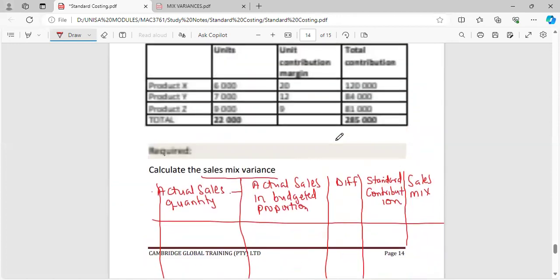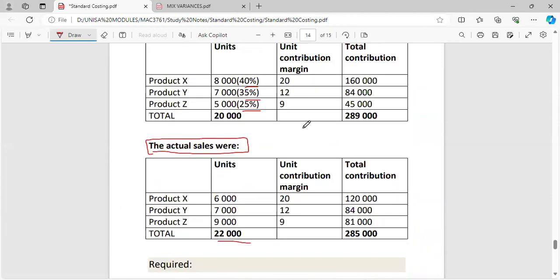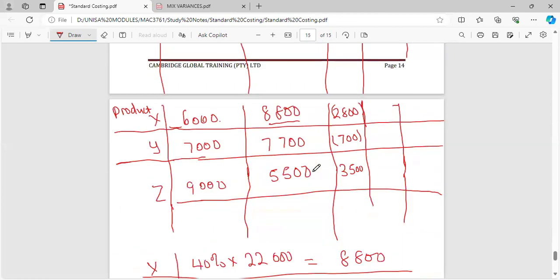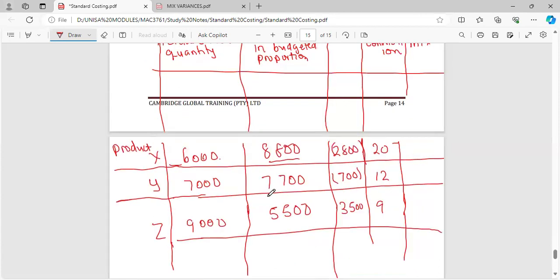So let's look at the standard contribution per each product is 20, 12, and 9. That's the standard contribution. So which means it's easier now. We can determine our sales mix variance by multiplying.